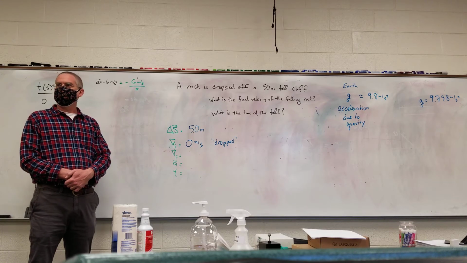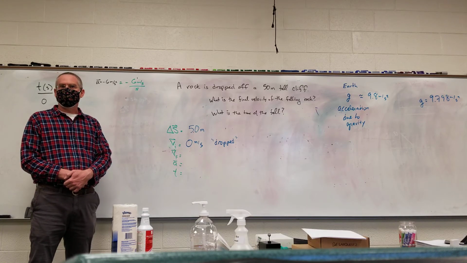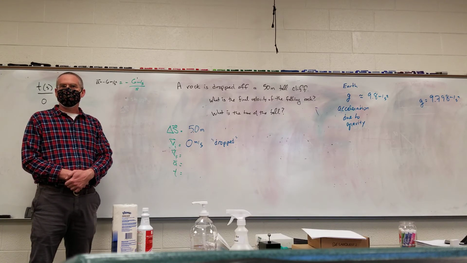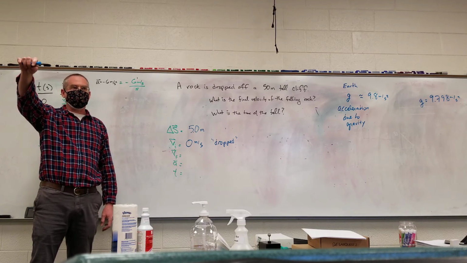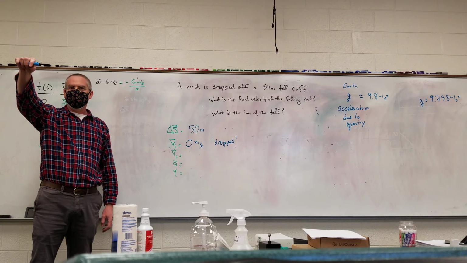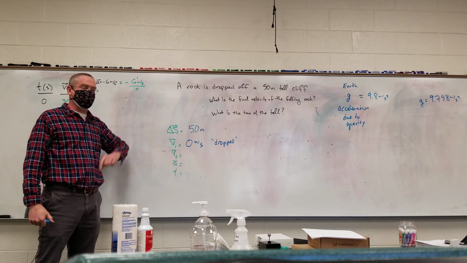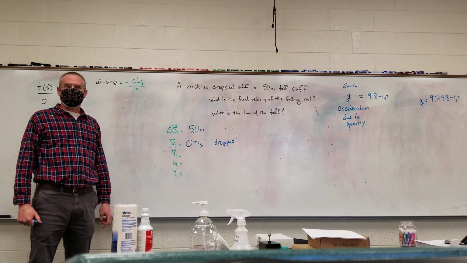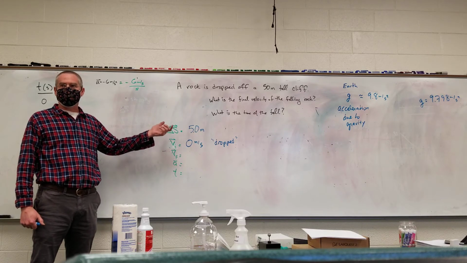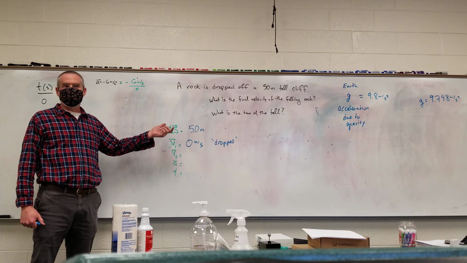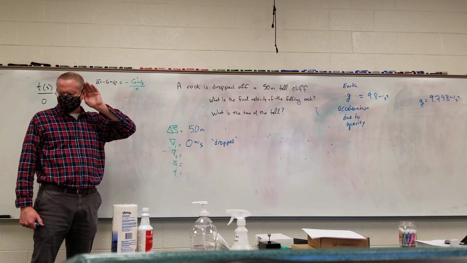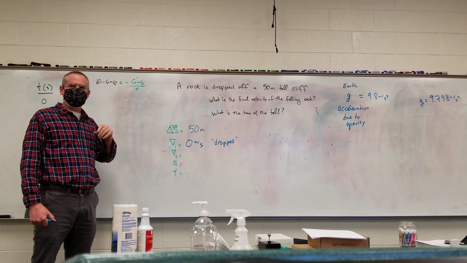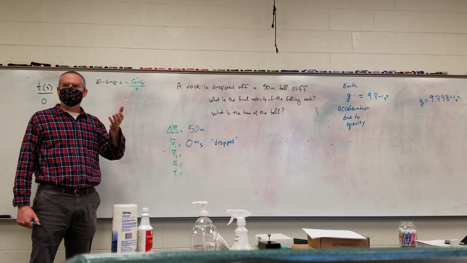The cliff was tall, 50 meters tall. So when I let go of this on top of the cliff, which way is it going to go? Down. So when you say 50 meters here, what assumption have we just now built into the problem? Our starting point. No, in terms of direction.